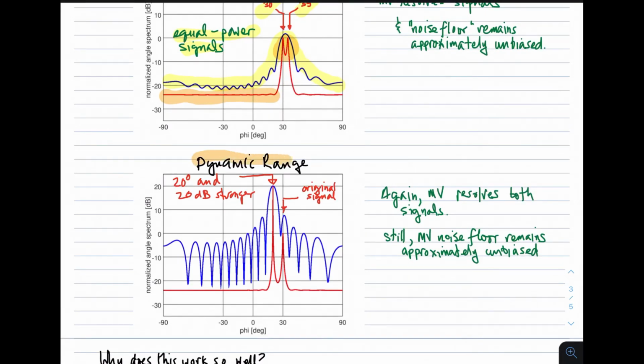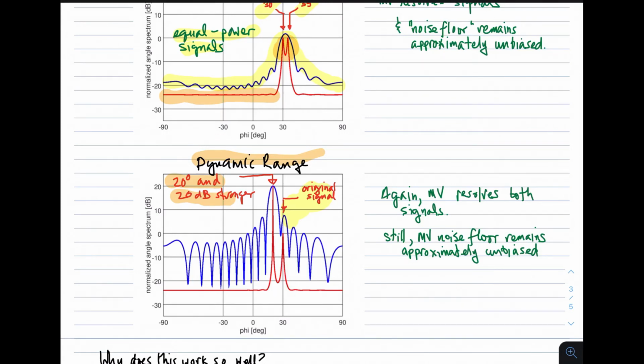In the dynamic range challenge scenario, same one where we had a second signal incident from phi equals 20 degrees and 20 dB stronger, Bartlett processing obscured the second signal, or allowed the second signal to be obscured in the side lobes created by the first signal.